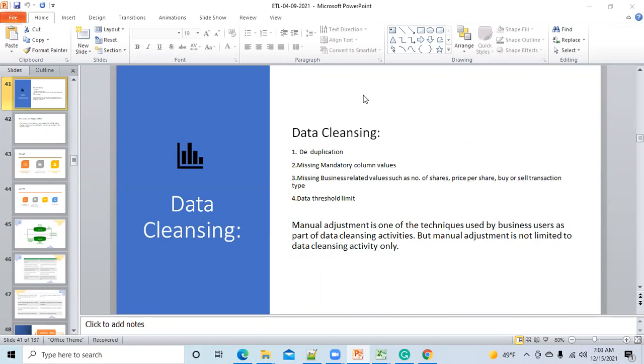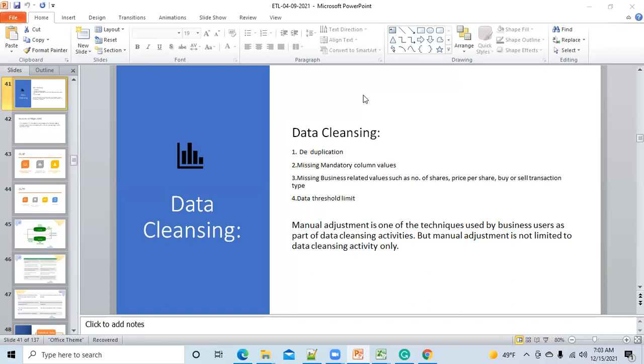So yesterday we were talking about the data cleansing activity, and we discussed that this is one of the activities which you have to perform before loading data in which layer, staging or integration? Staging, correct.